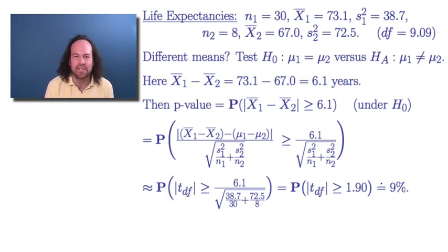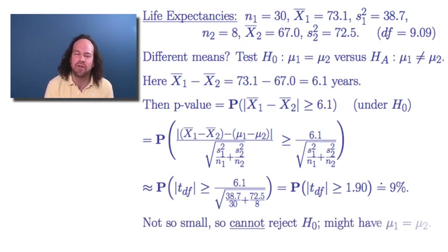So again, it would depend on your significance level, but probably you would say no, we can't actually reject H0, and we would allow for the possibility that maybe these two means are equal. So maybe it's true that a typical country from East Asia and the Pacific has the same average life expectancy as a typical country from South Asia. So now we know how to compare two means and how to get confidence intervals and do hypothesis tests, all using that same t-statistic that we developed at the beginning.